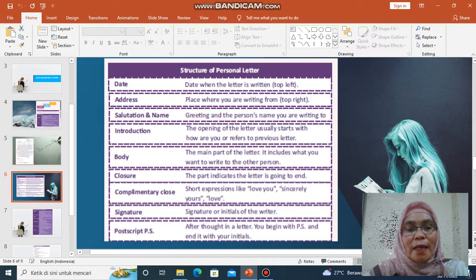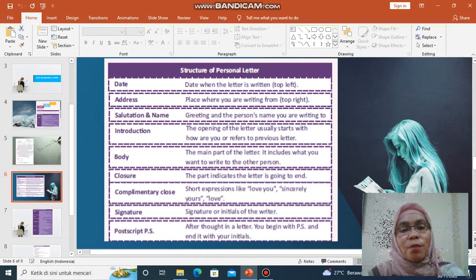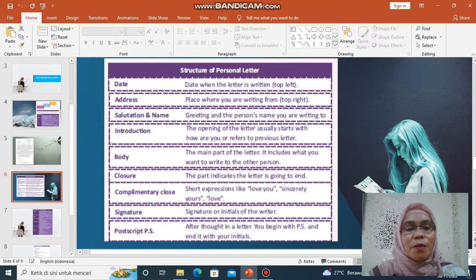Okay, here is the structure of the personal letter. The first, you must write the date. So the people who accept your letter will know that you wrote your letter at that time. And then address, your address, so the people will know where you are. And the salutation or greetings, you greet the people warmly.